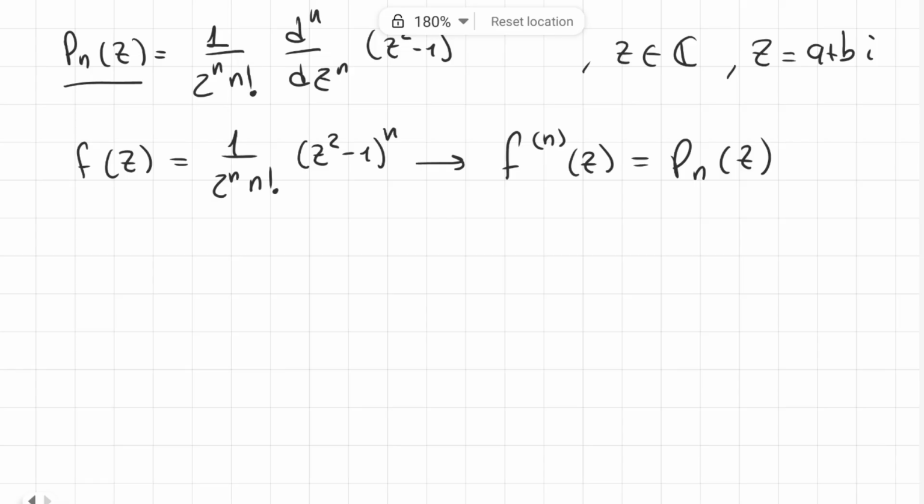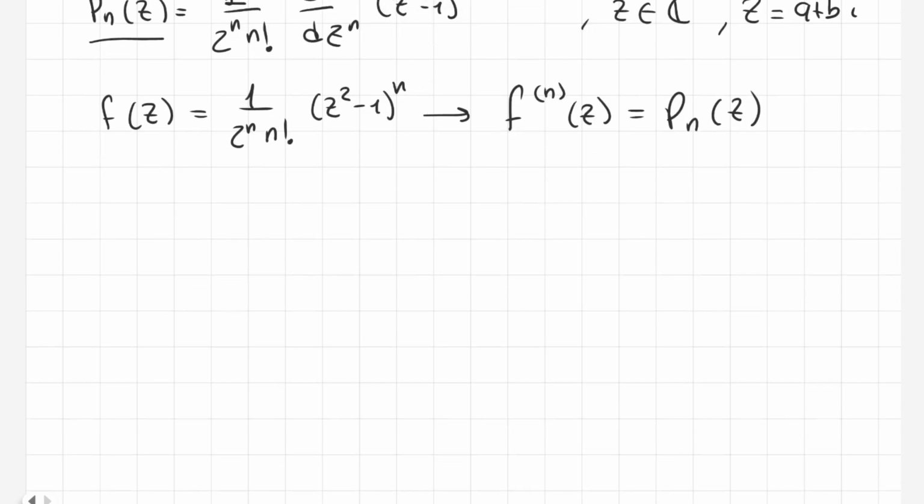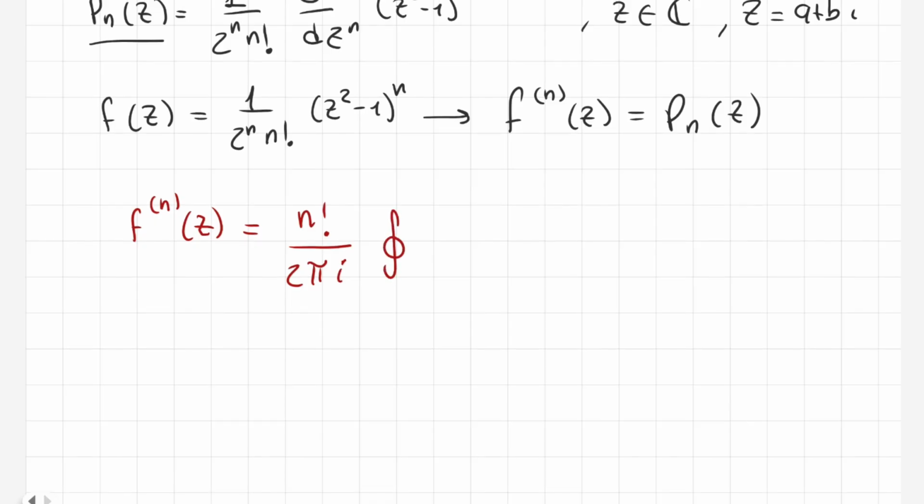Okay, perfect. So we are going to make use of a very famous formula from Cauchy, that comes from the Cauchy theorem. We are going to establish that the n-th derivative of a function f is equal to n! divided by 2 pi i times the contour integral of f(u) divided by (u - z)^(n+1) du.